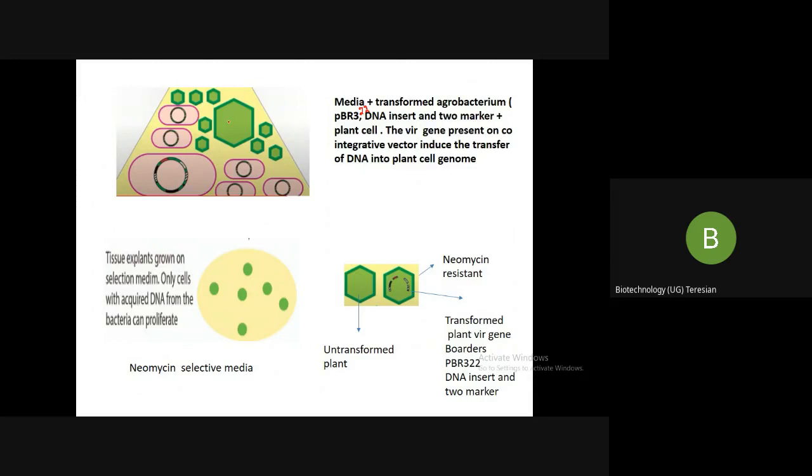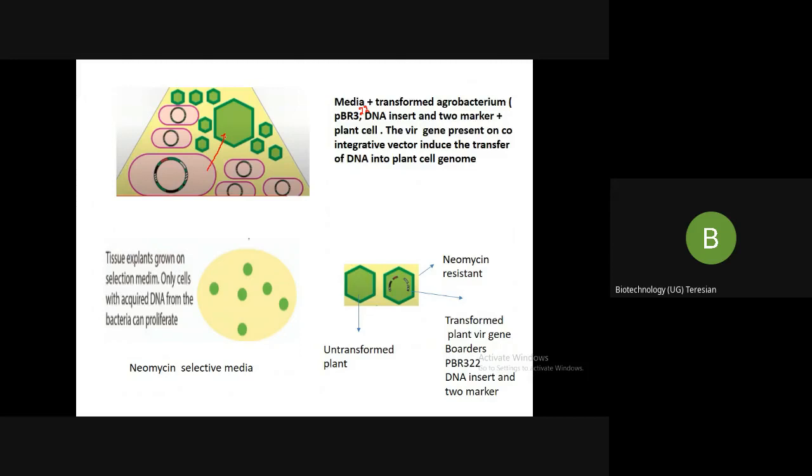Next, you make a slight wound in your plant. Now, your agrobacterium will get attracted to the signal from the phenolics released from your plant. So it will enter into your plant through the Vir genes. We'll not talk about the genes. We have spoken about them enough in the previous class.